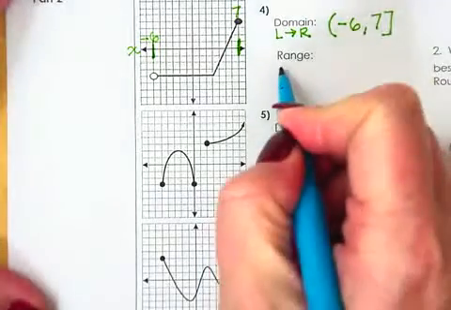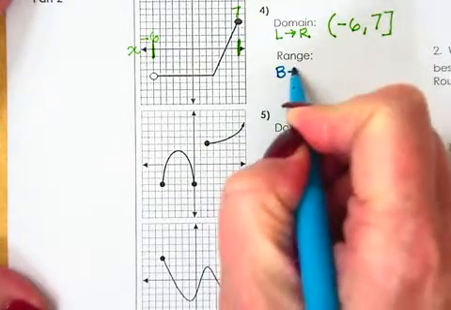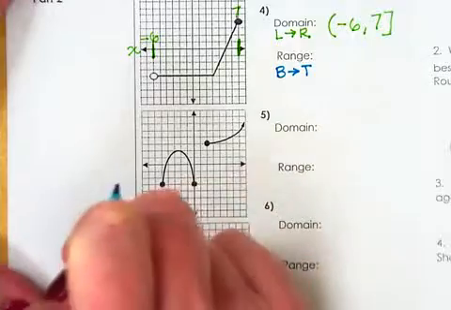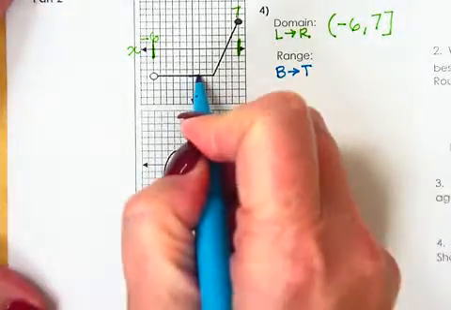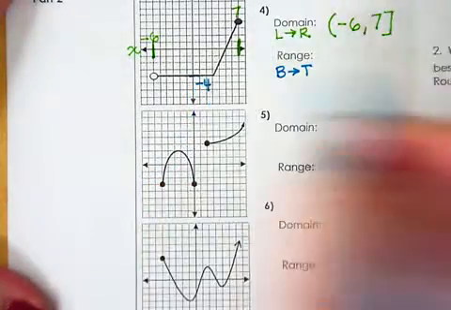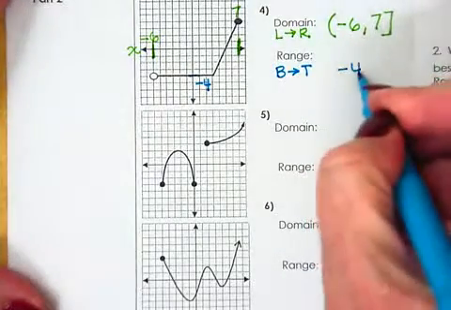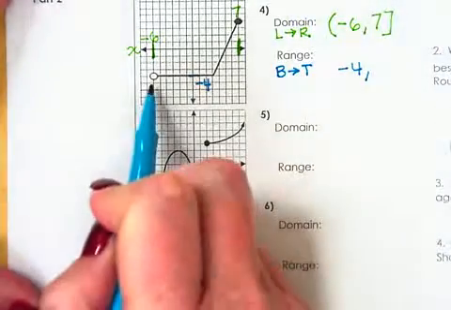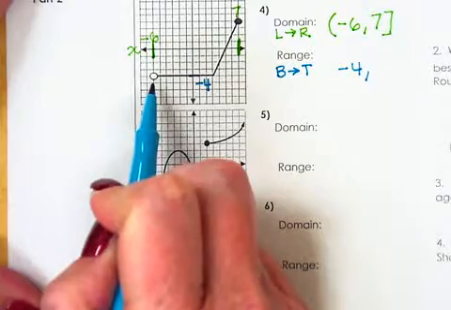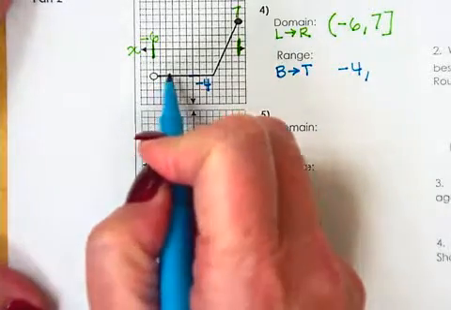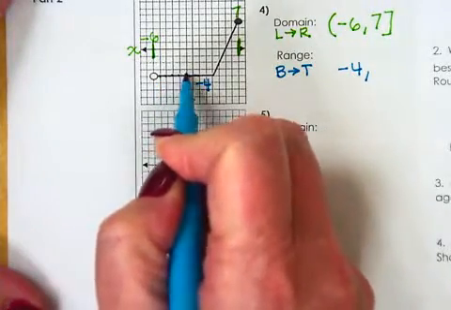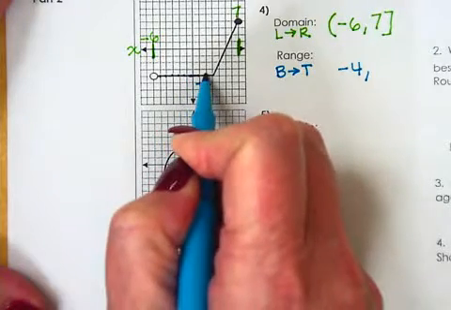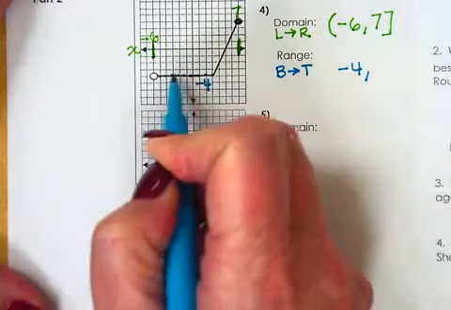The range now is going to go from the bottom to the top. So the bottom all the way down here is -4. Now, because we have an open circle, most of you would say, okay, the -4 gets a parenthesis. The problem that we see, though, is that we have this horizontal line, and there's lots of point values that have a y value of -4 all the way down this line here.